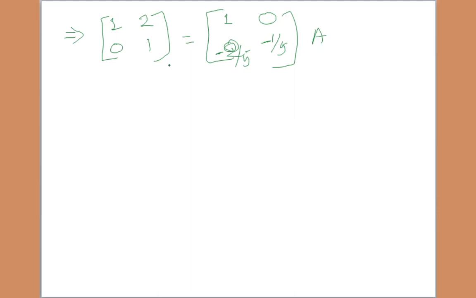Finally we have to make it 0. How can we make it 0? If we apply R1 minus twice R2, then it becomes 0, and we get 1 0, 0 1.